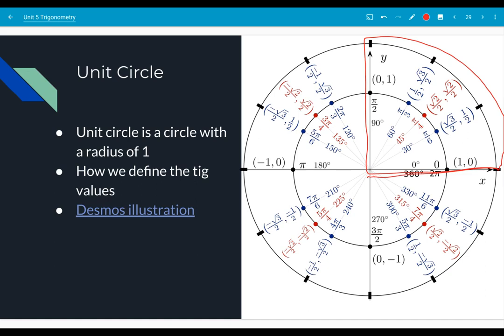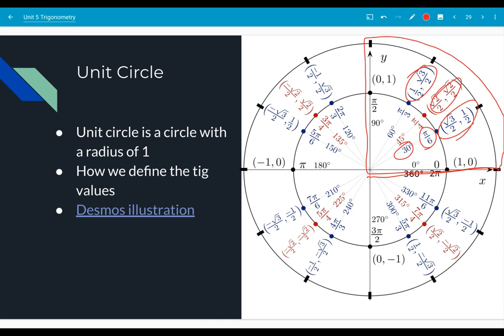So you need to be able to find that 30 degrees is pi over 6, but you also need to know that that's square root 3 over 2, 1/2. That 45 degrees is root 2 over 2 comma root 2 over 2, and then 1/2 comma square root 3 over 2.